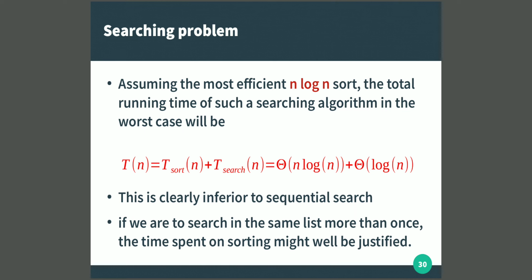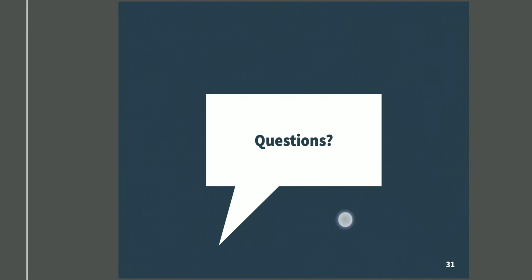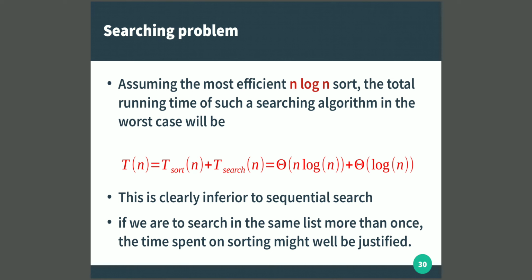In such a case, the time spent on sorting might be justified because we do it only once, and from there on, we can search for a particular element in logarithmic time. So this is about the 3 examples on pre-sorting.